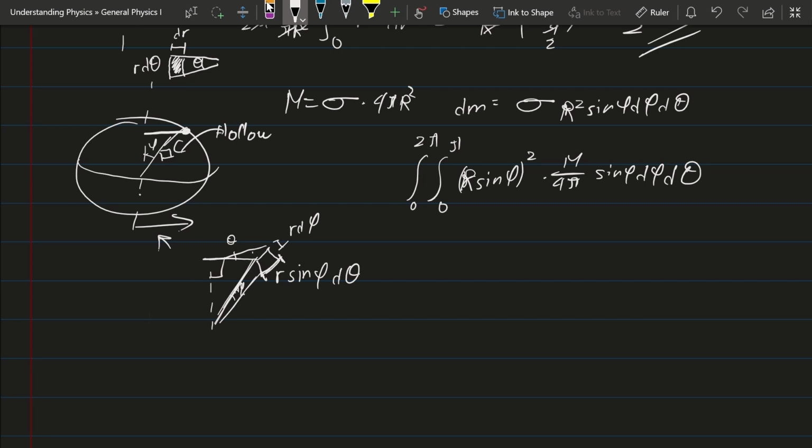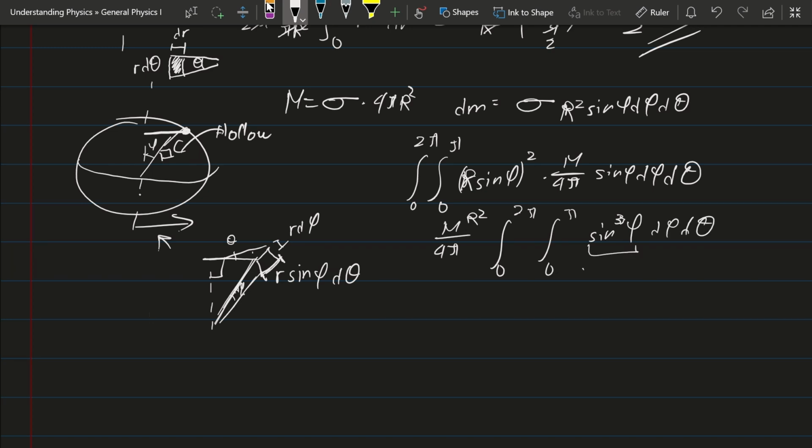So solving this, we should be able to obtain the m over 4 pi r squared, the integral from 0 to 2 pi, and then the integral from 0 to pi of sine cubed of phi d theta.